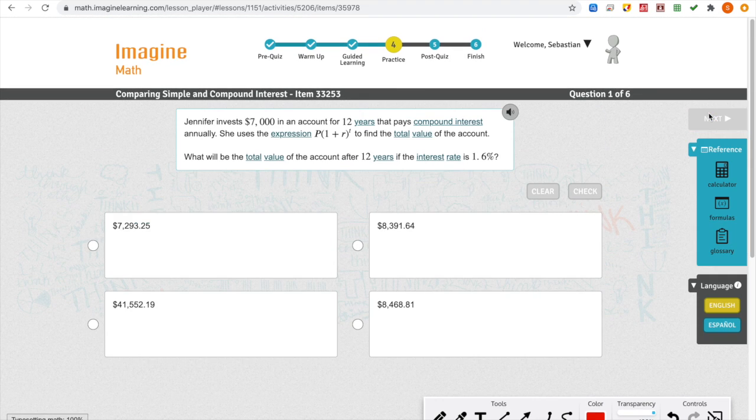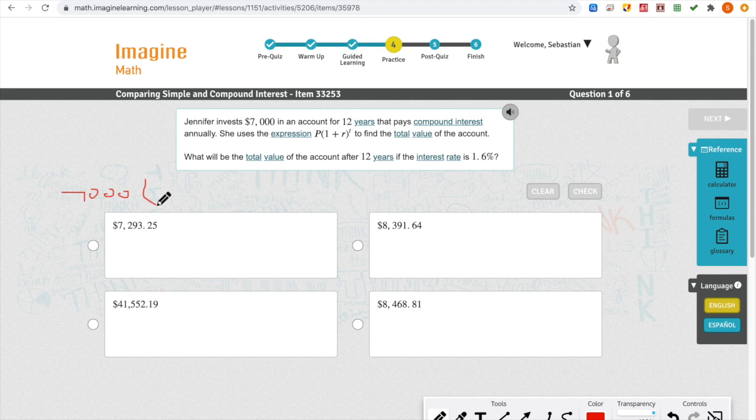All right, so we can go ahead and practice. Jennifer invests $7,000 into an account for 12 years that pays compound interest. So here's our formula for compound interest. What will be the total value of the account after 12 years if the interest rate is 1.6%? So we're going to replace our principal. We have $7,000.